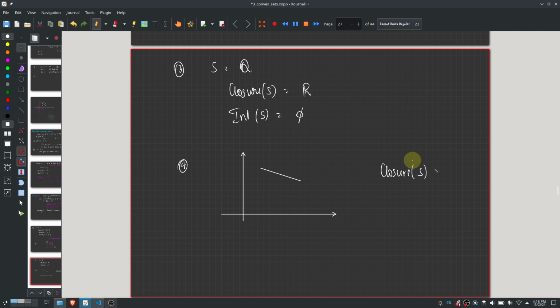The line segment itself, assuming that it also includes the endpoints. So this would just be equal to S. What would be the interior? Empty. That would just be the empty set. And the boundary would therefore be S.